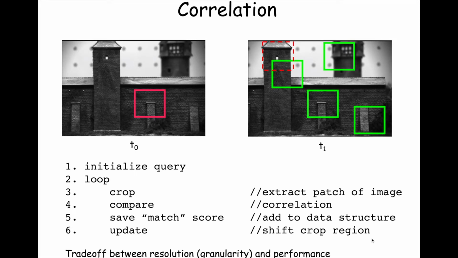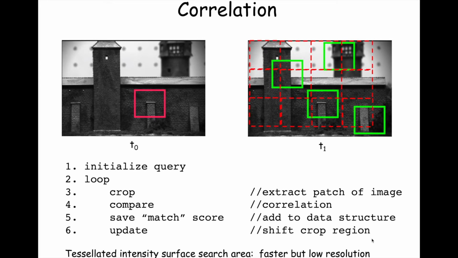So then the trade-off is between granularity and resolution. At one extreme, we could take our image at T1 and we can tessellate it. We kind of chop it up into non-overlapping regions, and then we search each region or treat each region as a search area in the image at time T1.